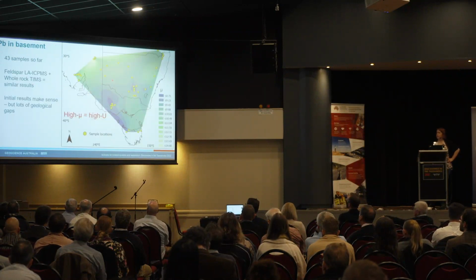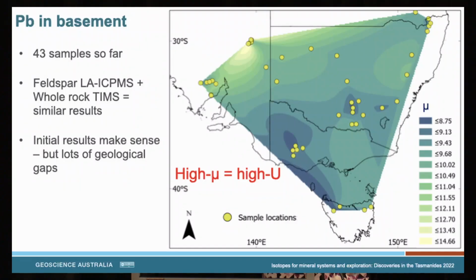We have some results. It's still early days, even though there's 43 samples on this plot. At this point, I'll explain the scale that you can see. Mu is a ratio of one of the isotopes of uranium over one of the isotopes of lead. The way I remember what mu means: high mu is high U, and everything that implies.